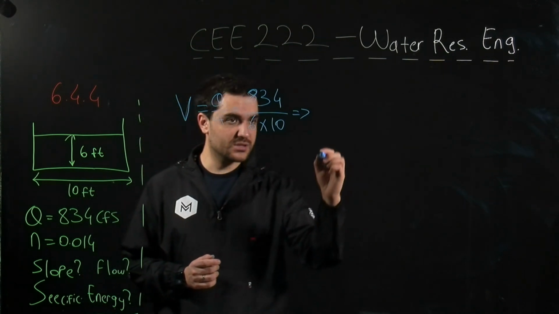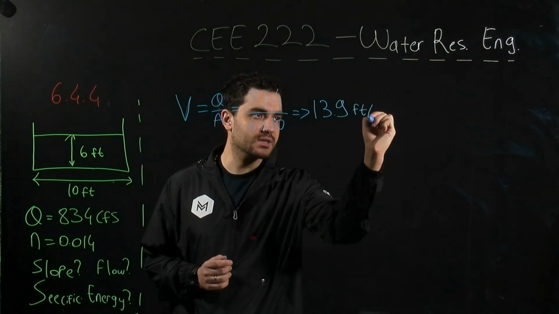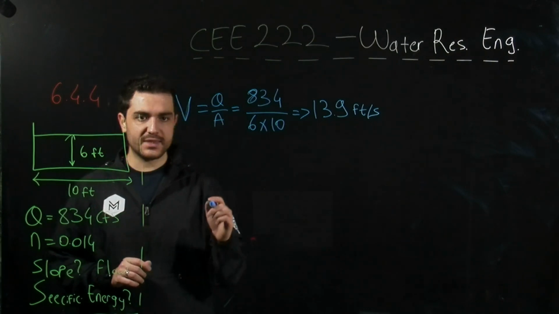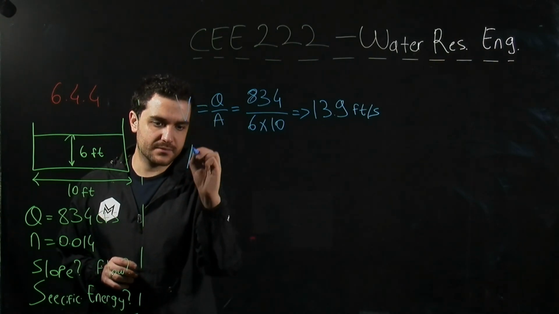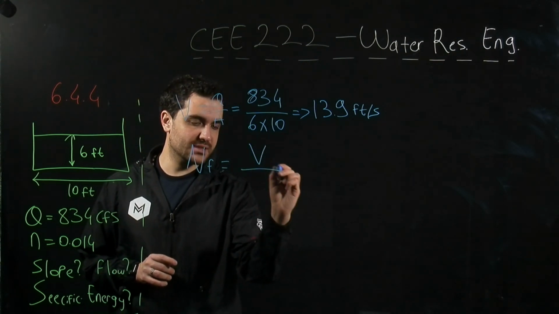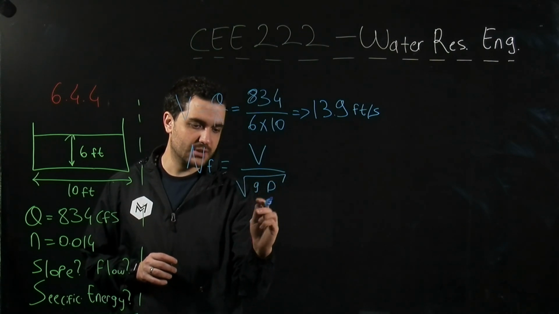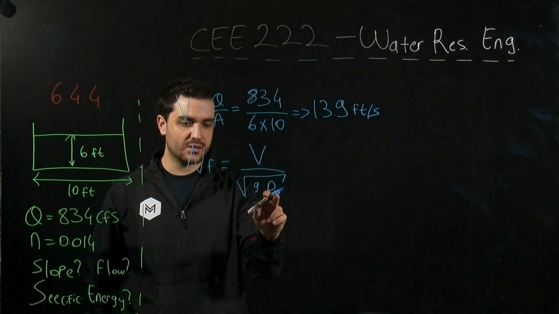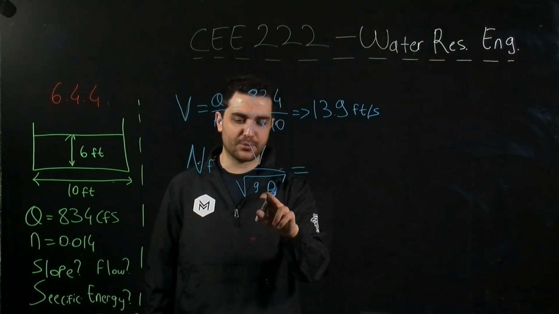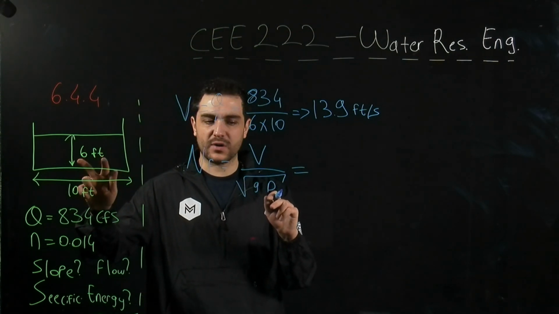This gives 13.9 feet per second. And then to determine the Froude number, what we need to do is divide velocity by the square root of g times D, where g is gravitational acceleration and D is hydraulic diameter. Again, from table 6.1, you can see that the hydraulic diameter will be equal to y.